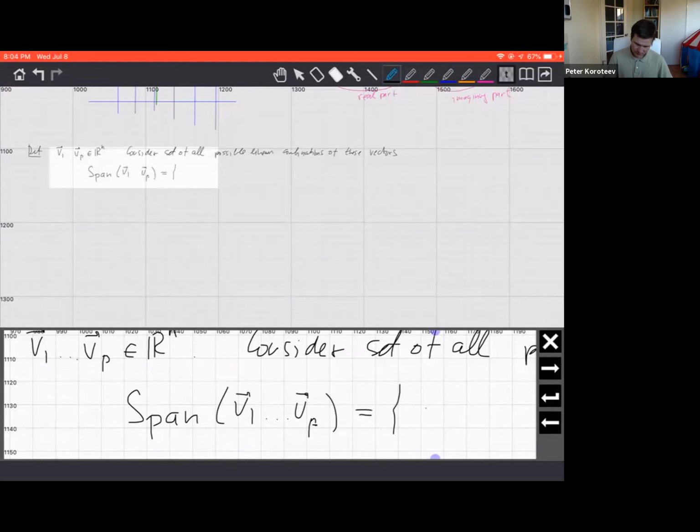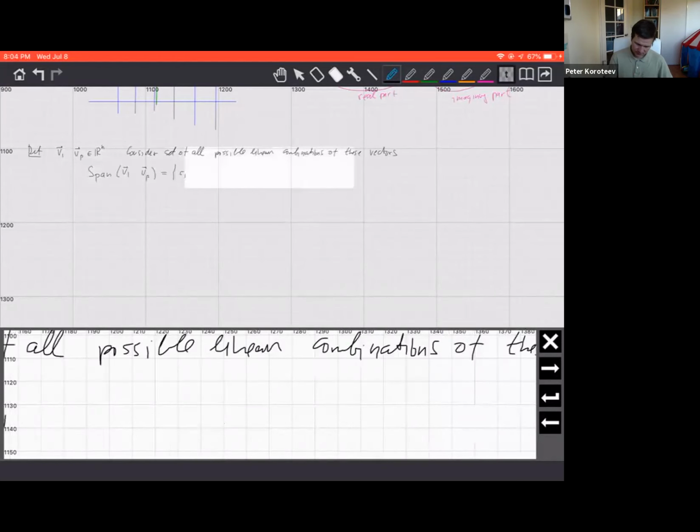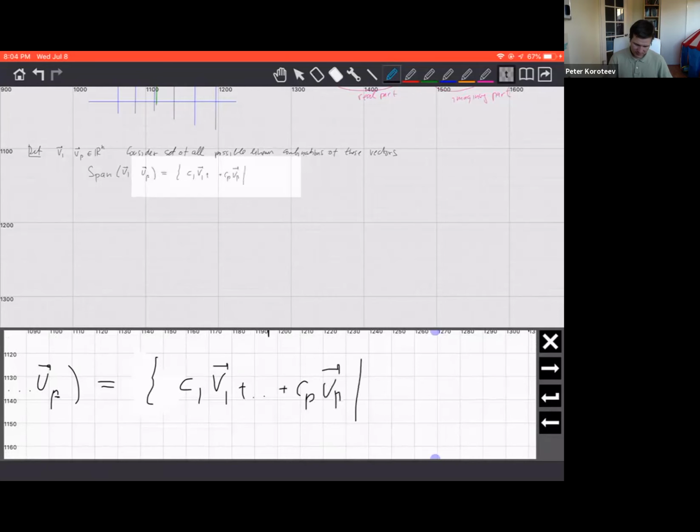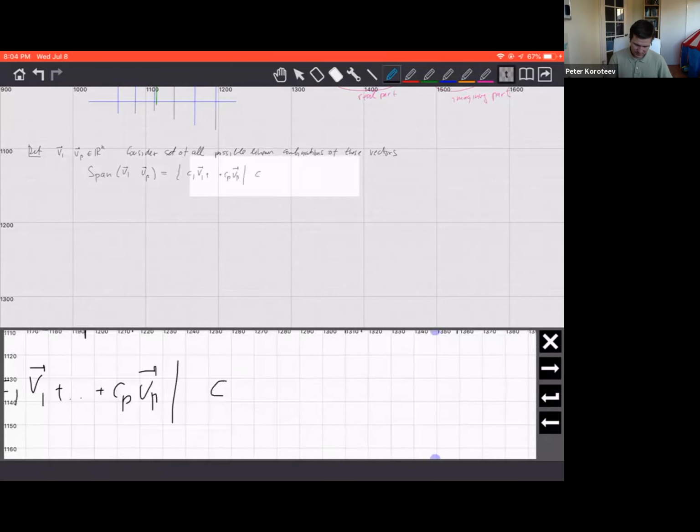So it's the set of c1 v1 plus and so on plus cp vp, such that each ci is inside R. Let's assume that they take values in reals.